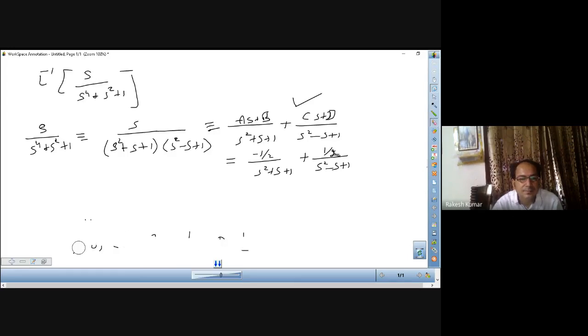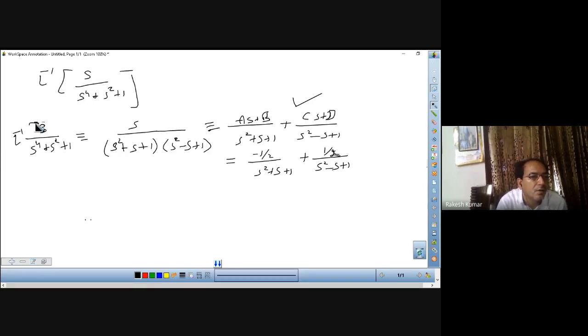Let's see. We simply do the L inverse of this function. So L inverse of this function, and similarly L inverse of this function.